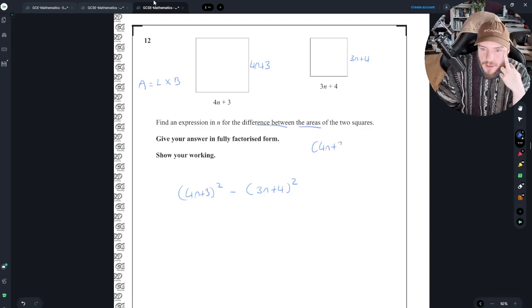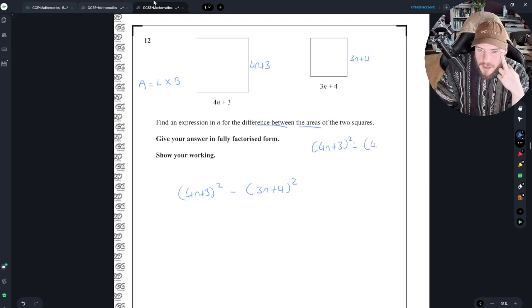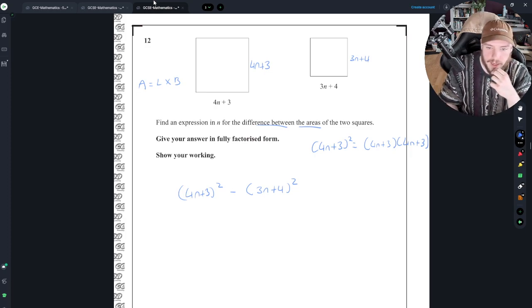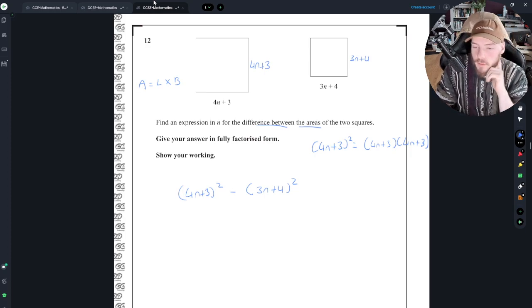Now just in case you don't know what a square represents, in this context it just means that the bracket is multiplying by itself. So I'll write it like this because that makes it easier for me.